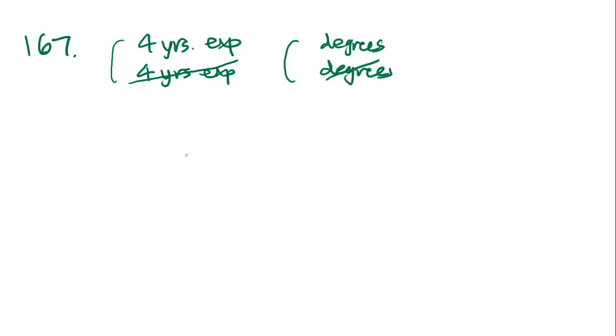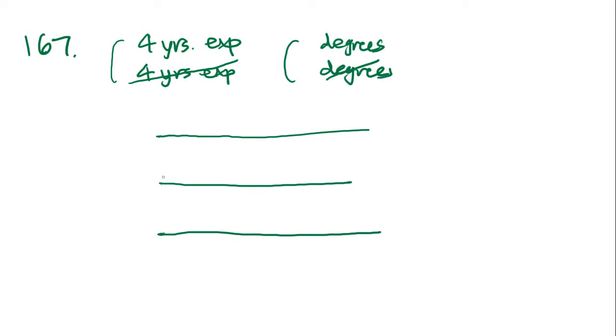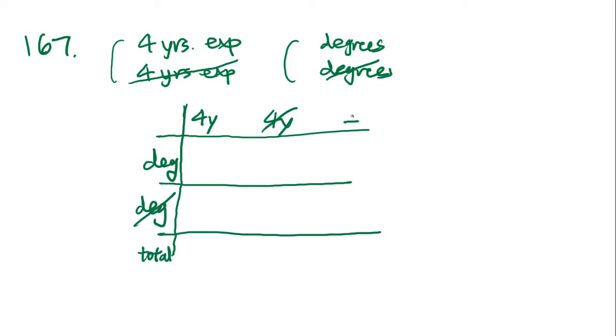So let's set up this matrix and see what happens. So we have 4 years and people who don't have 4 years. We also have degrees and people who don't have degrees. And we have the totals.